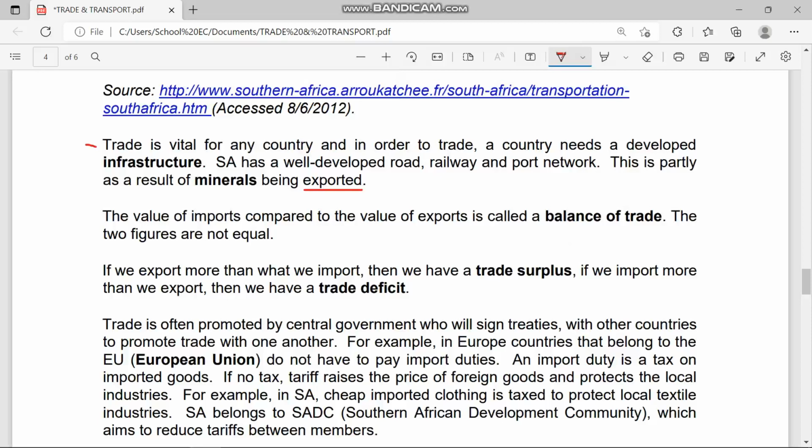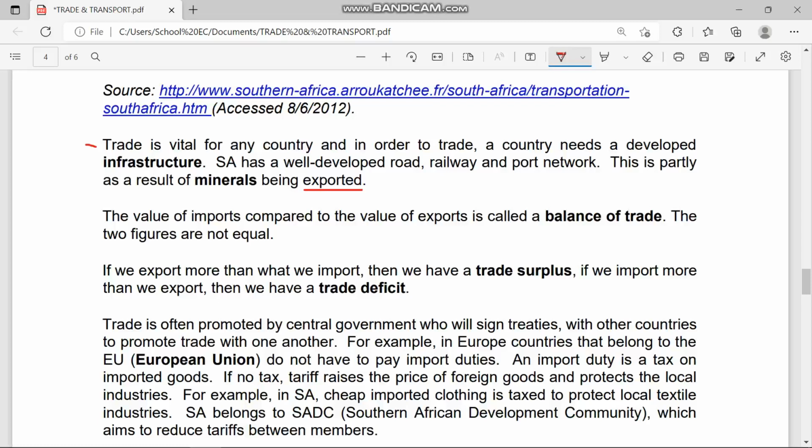We must transport those goods from there to Cape Town so that they can be exported by ships, because there is no ocean around there. Or we take those goods to Johannesburg so that they can be flown to other countries, because that's an international airport, which is mostly used and said to be effective.